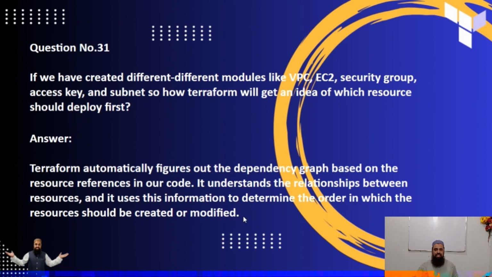So Terraform does this on autopilot, and it automatically checks the dependencies and the order of the resources, and it builds first those resources that the other resources depend on. So everything is automatically figured out by Terraform.